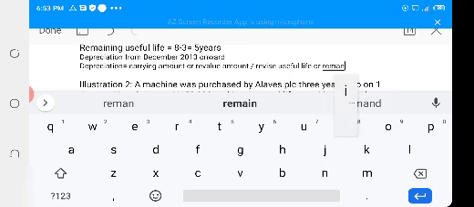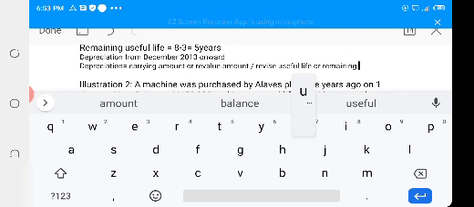If you don't change it, remaining useful life. So that is the formula.